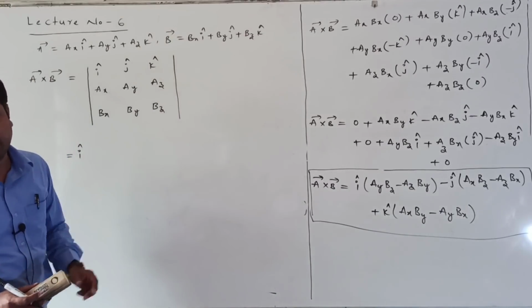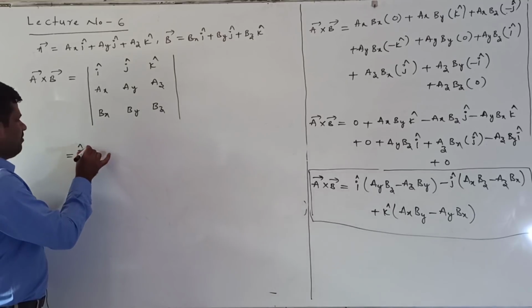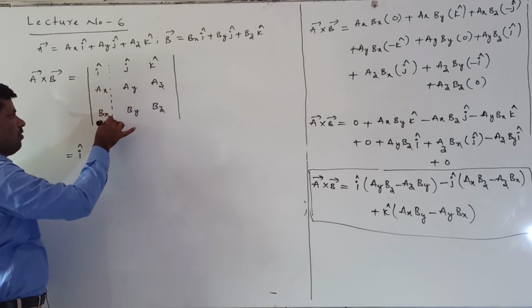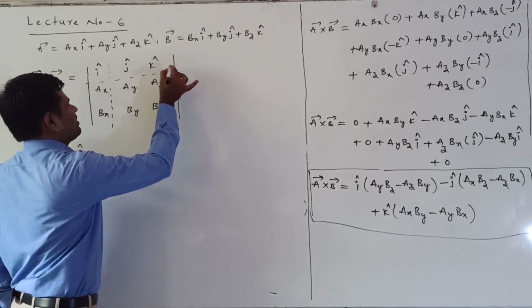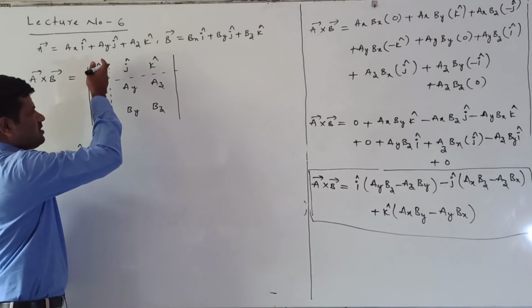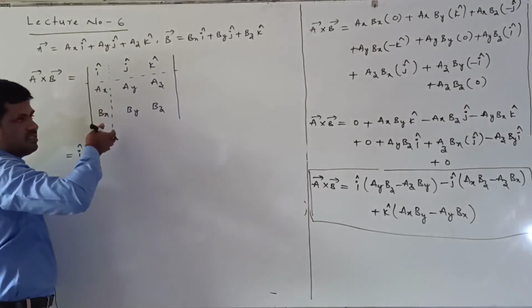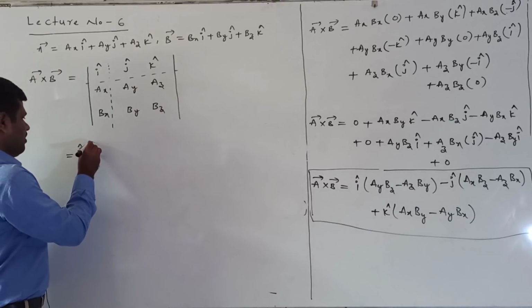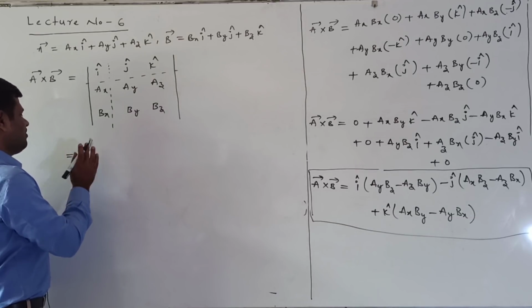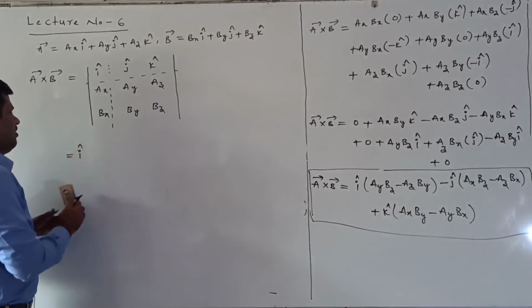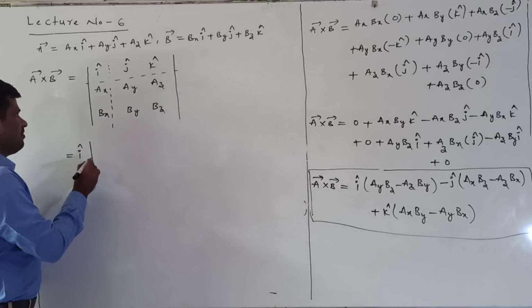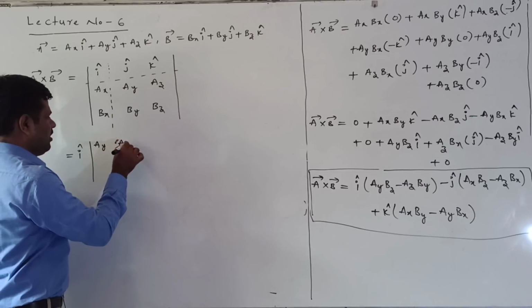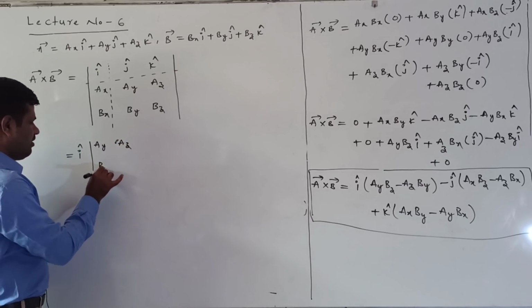Now for i cap, leave its row and column. Remaining, write down: i cap into the determinant of Ay, Az, By, Bz.